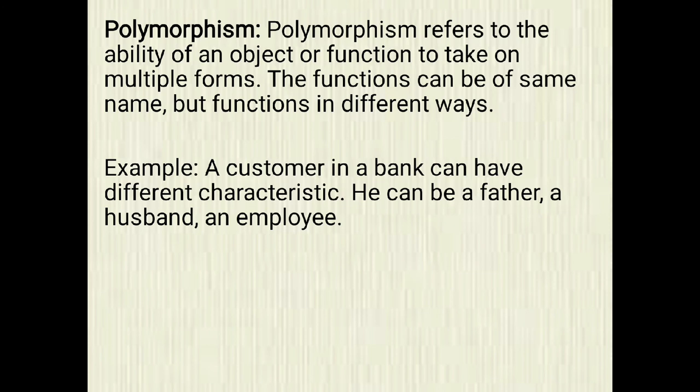He is a customer in the bank, but he can also be a father, he can also be a husband, and he can also be an employee in a different company. So that is the example of polymorphism, where one object, here the customer is an object, can take different forms in the program.